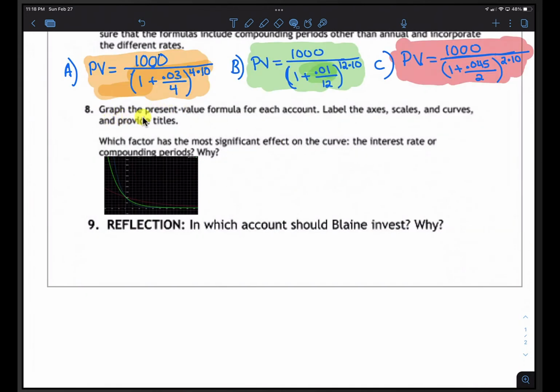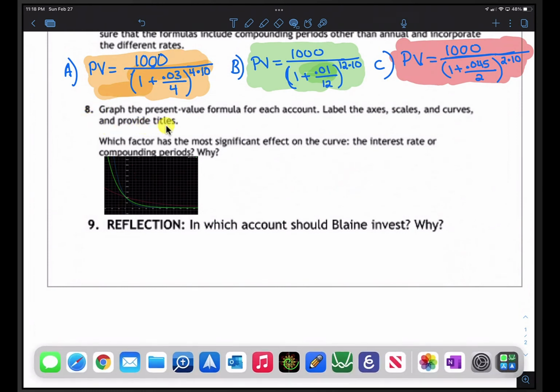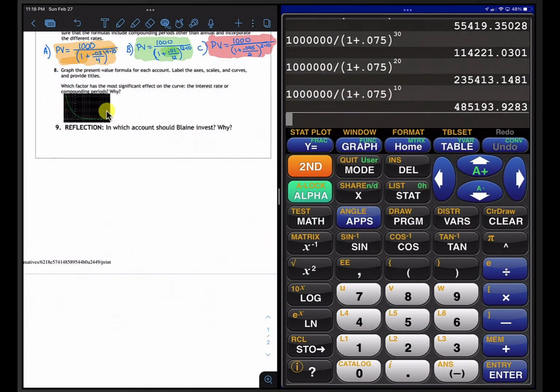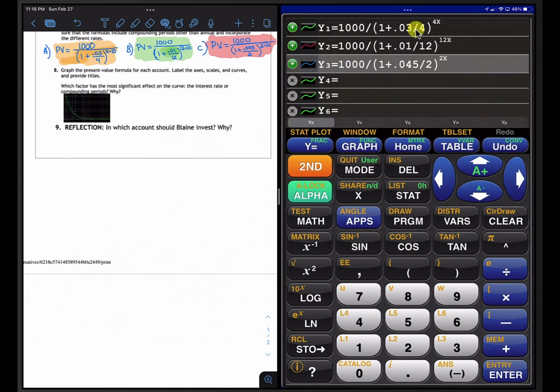All right, here's number 8. It says graph the present value formula for each account, label the axes, scales, curves, and provide titles. Okay, let's go ahead and graph this. I'm going to go to my TI-84 calculator. I'm going to press the Y equals button. And then this is where you type in the different equations.